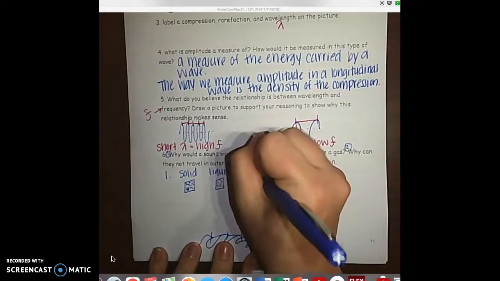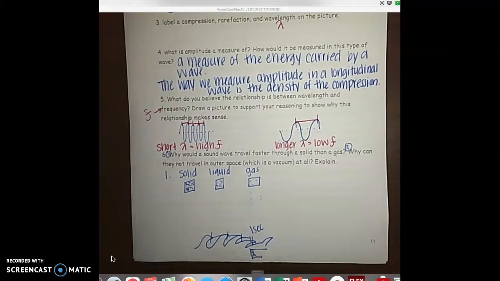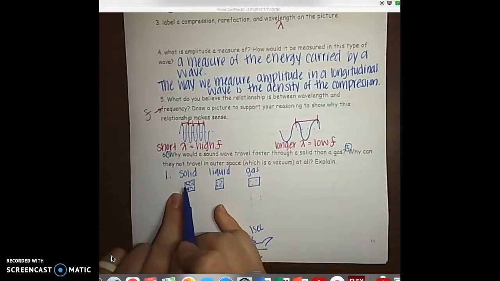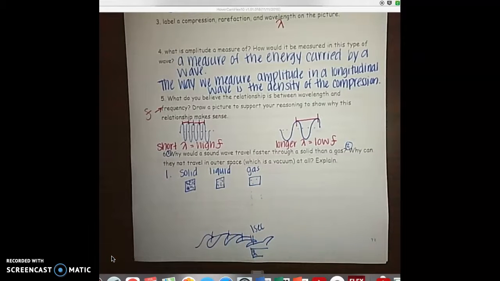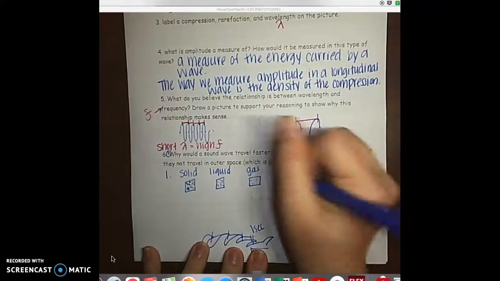And then in a gas, they're really spread apart, and it takes a lot of effort for them to actually hit one another. Do we remember that? So with sound waves, they're going to travel based on being able to hit the next particle. So the closer that next particle is, the easier it is for it to travel. So that is the answer for number 1.